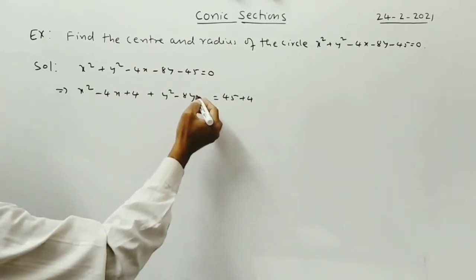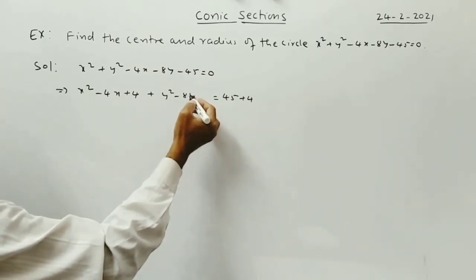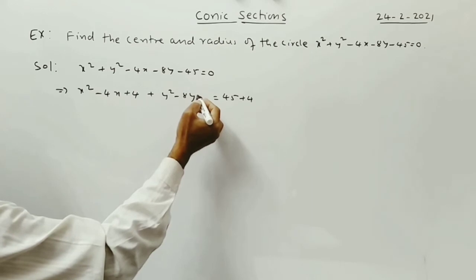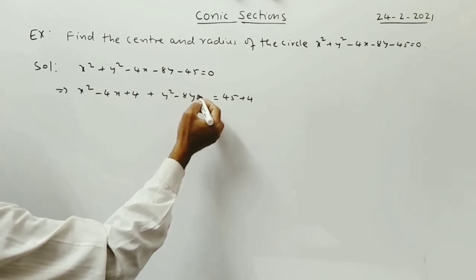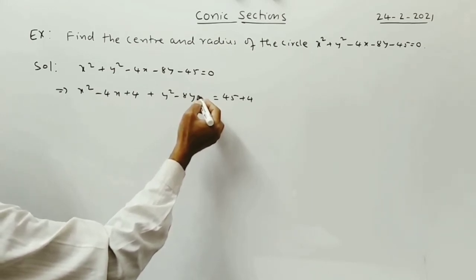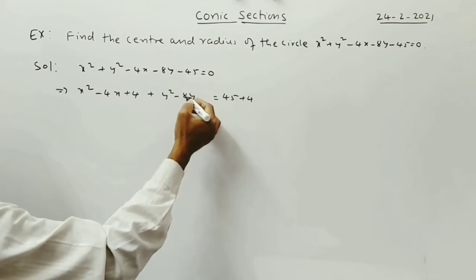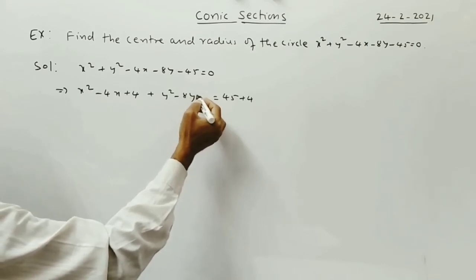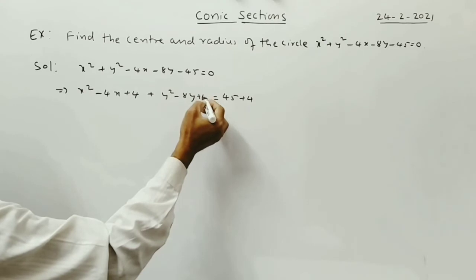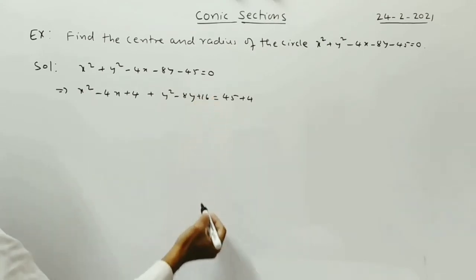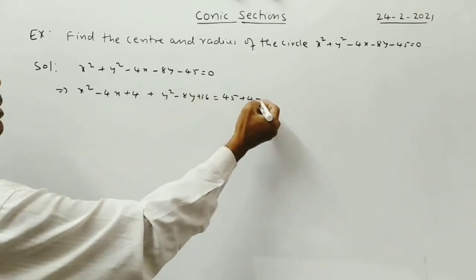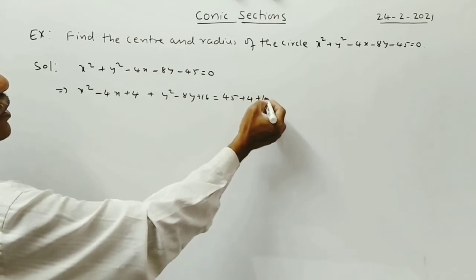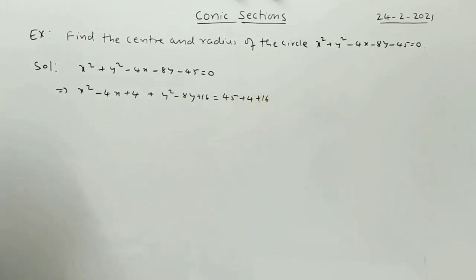Similarly, we have to add square of half of coefficient of y, minus 4 whole square, that is 16. To balance, right side also we are supposed to add 16.